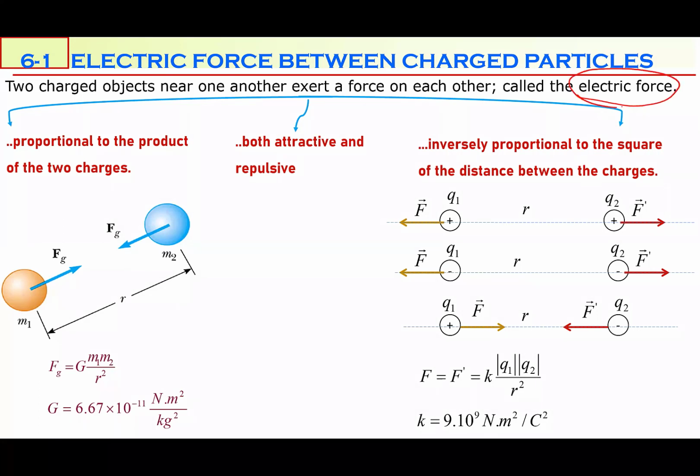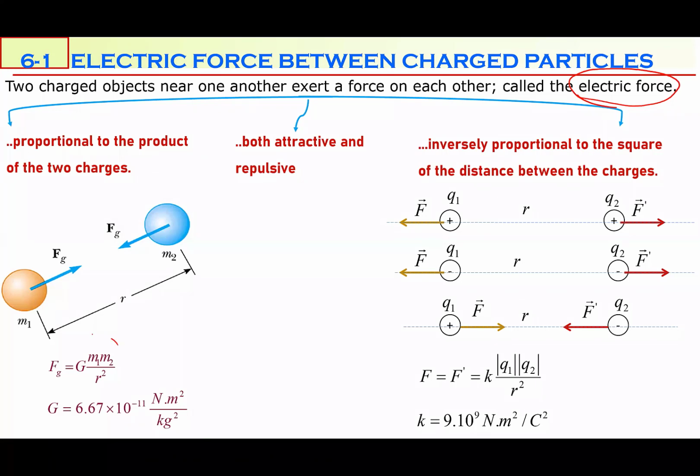And in chapter 1, section 3, we learned that two masses close to each other attract one another with a force, which is called gravitational force. And we learned that this gravitational force is directly proportional to the product of the objects' masses and inversely proportional to the square of the distance between the masses.